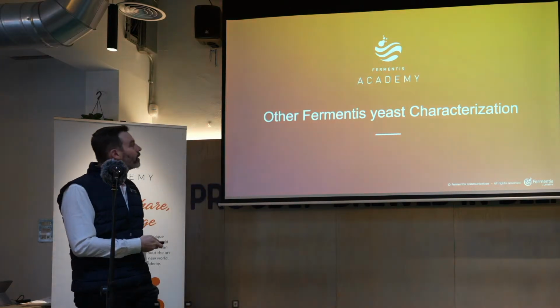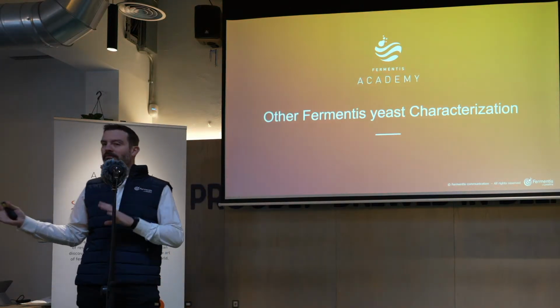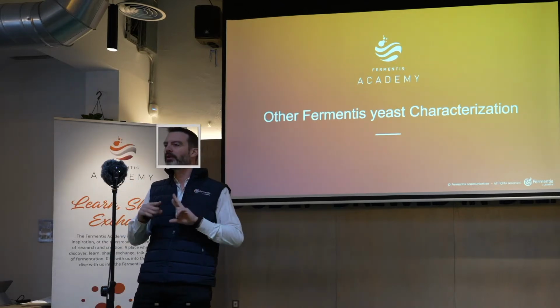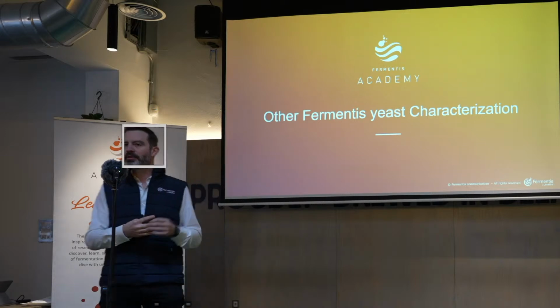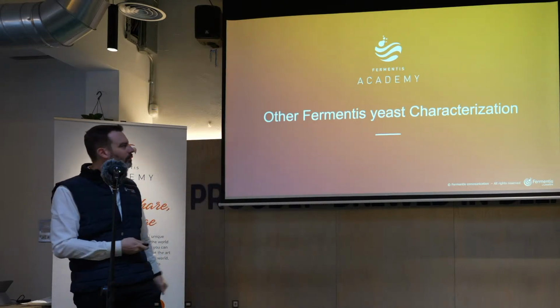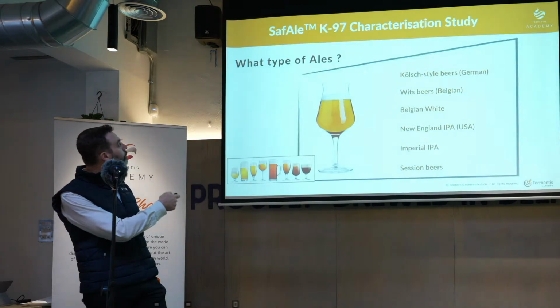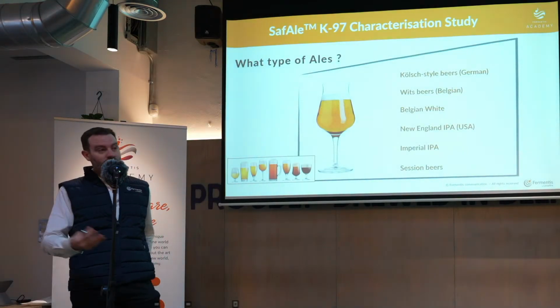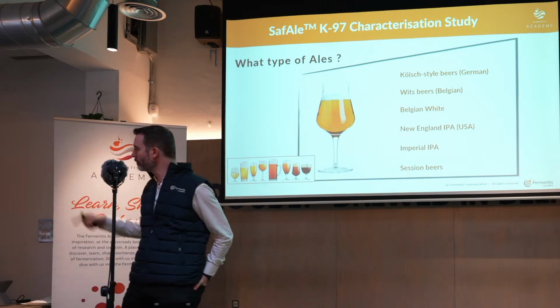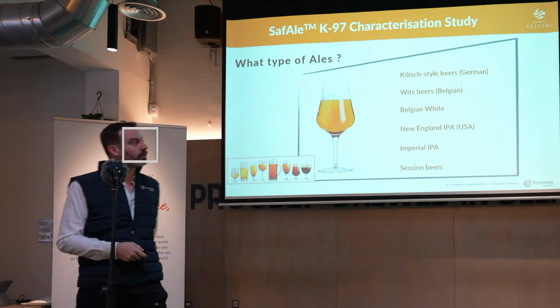Good. Because we are not finished yet, I'm going to show you two more yeasts that we characterized. And you will see that the layout is a bit different because we evolve and try to make better looking presentations. So SafAle K-97, which is going to be talked about this afternoon also.